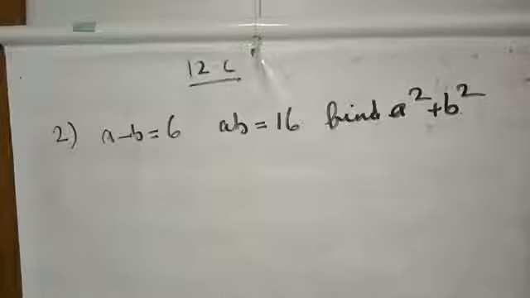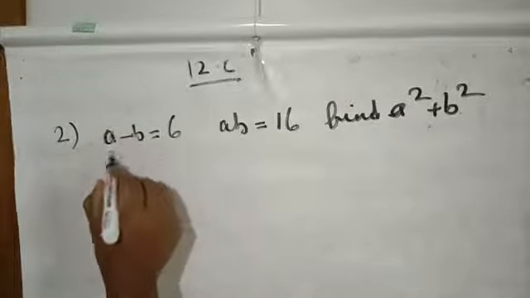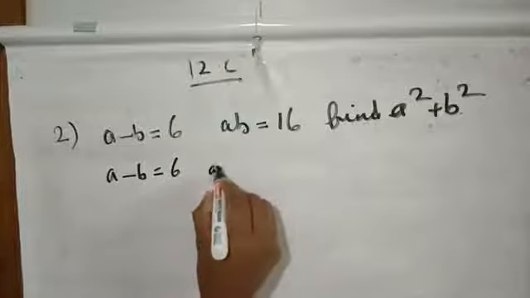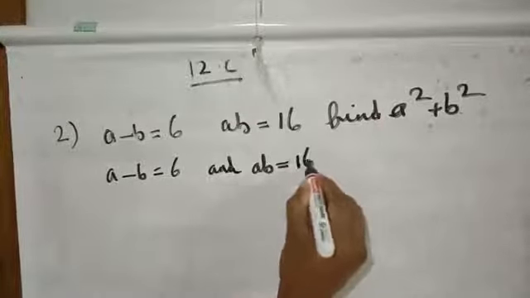If a minus b is equal to 6 and ab is equal to 16, a minus b 6, ab 16, find a square plus b square. So first you look, find what we have to find, a square plus b square. And what is given? Given a minus b is equal to 6 and ab is equal to 16.